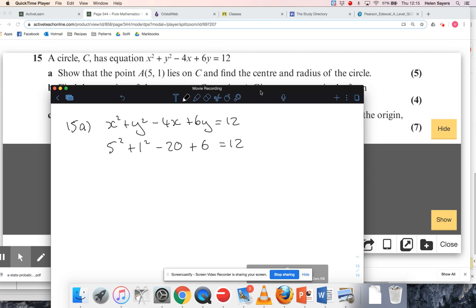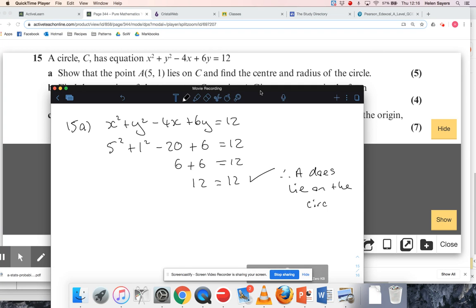They'll just want to see some kind of working out. So 25 plus 1 is 26, minus 20. I'll just show an intermediate stage of working and then just a conclusion. So therefore A does lie on the circle.